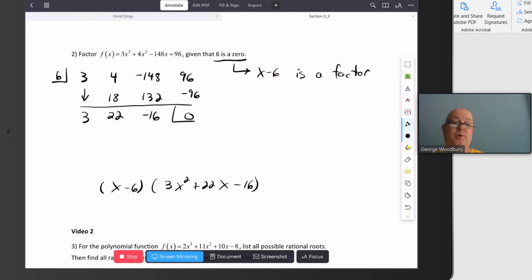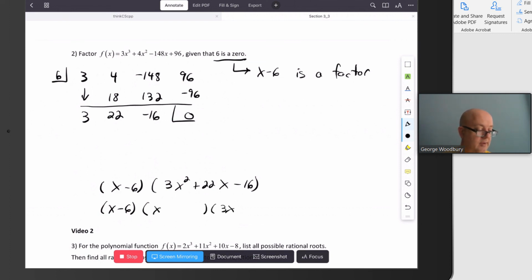Now we should try to factor this quadratic part, and this one actually factors as well. 3x squared, there's only one way that you can get 3x squared, and that's by multiplying x by 3x.